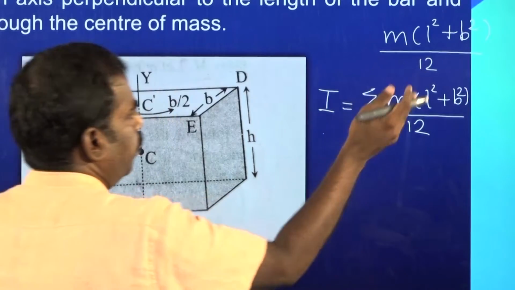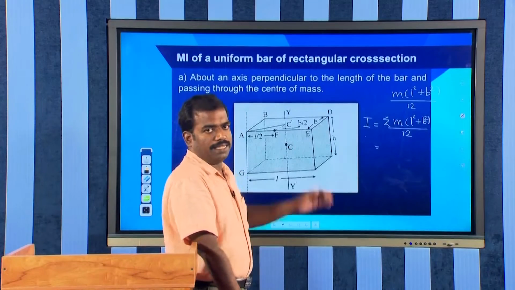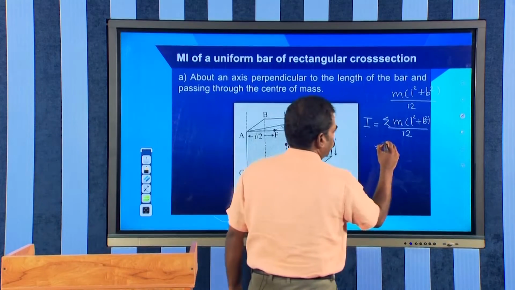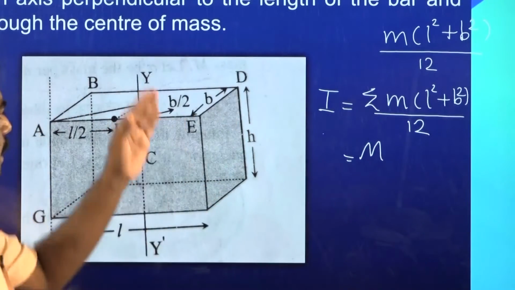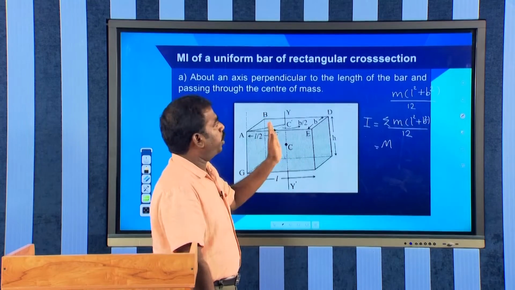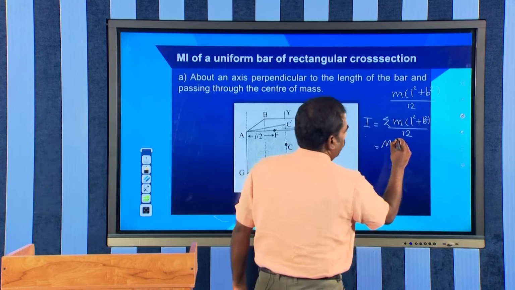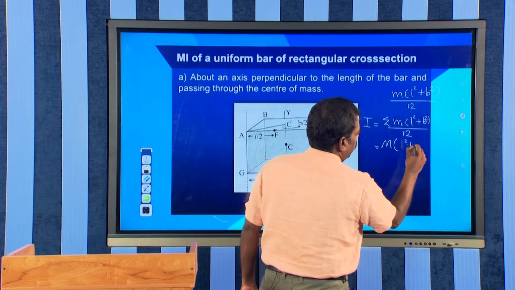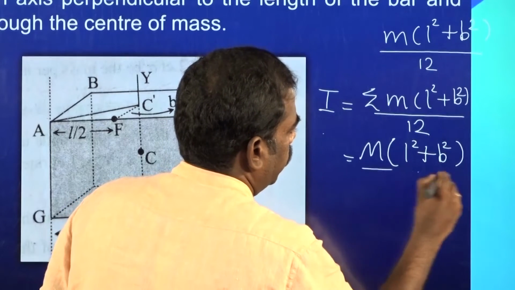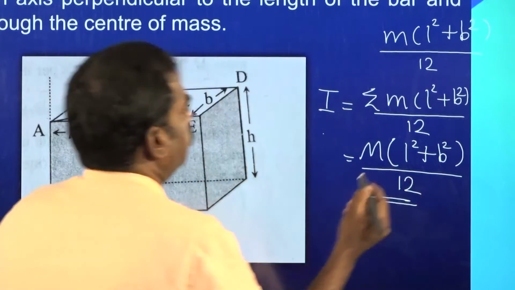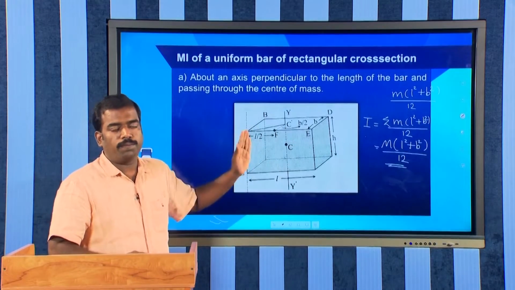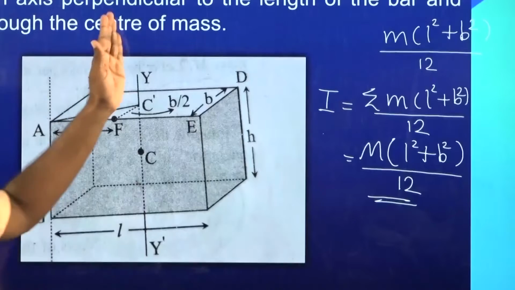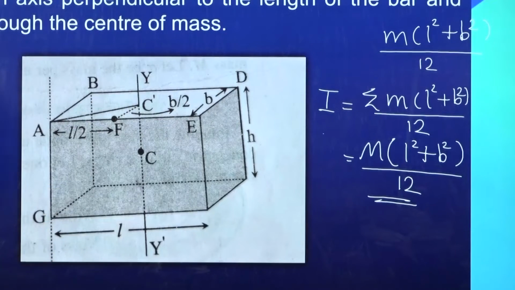L is constant, B is constant, and sigma m is the total mass of the solid bar. So the moment of inertia of the solid bar about an axis passing through its center of mass and perpendicular to its length is given by capital M into (L square plus B square) by 12. This is the moment of inertia of the rectangular bar about an axis perpendicular to its length and passing through the center of mass.